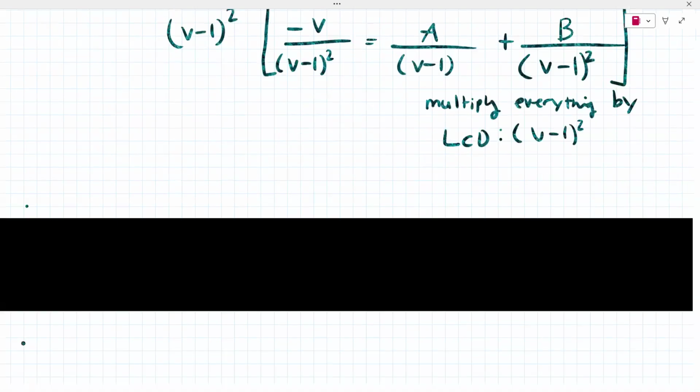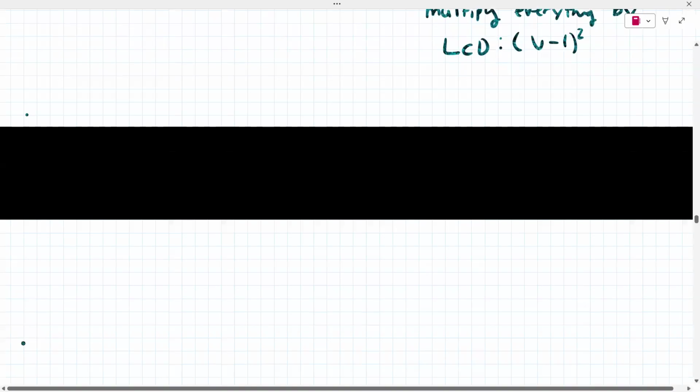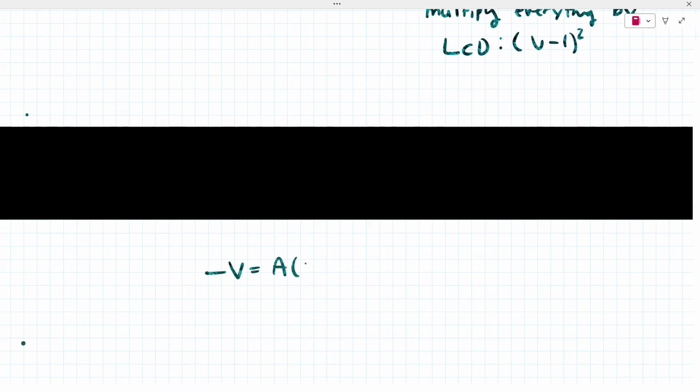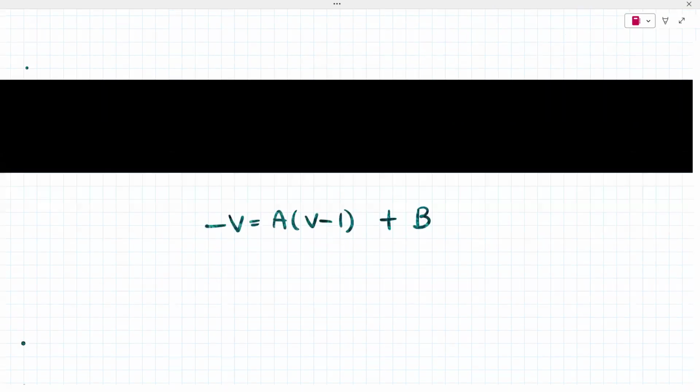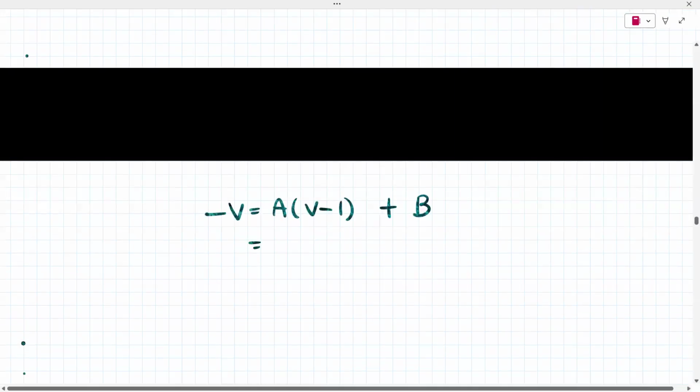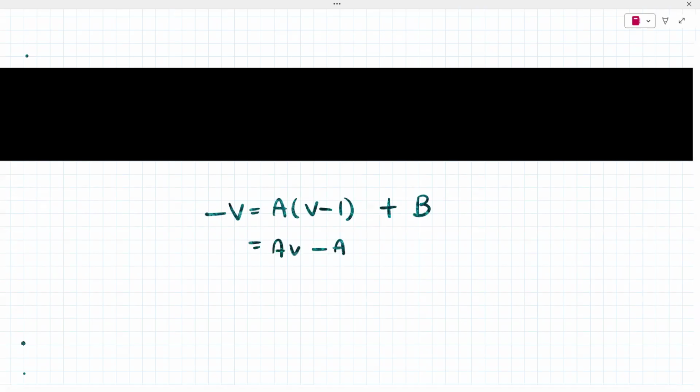So if you do that, you're going to get negative v equals a times v minus 1 plus b. And if you flow this out, this is going to be av minus a plus b.